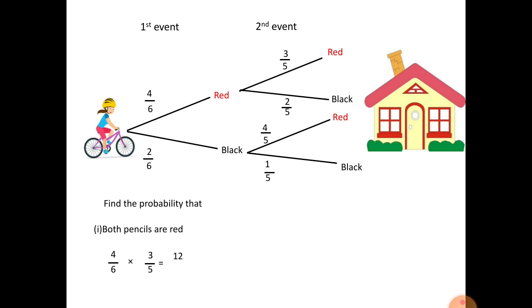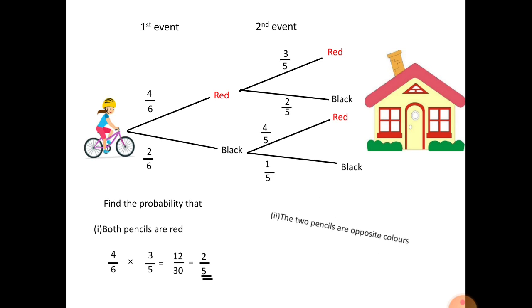When you multiply, it will be 12 over 30. Then when you simplify that again, you can write it as 2/5. That is the answer. As I told you before, that is a very simple thing you have to do if you follow the method. If you identify the correct road to go to the house, then it will be very easy for you.